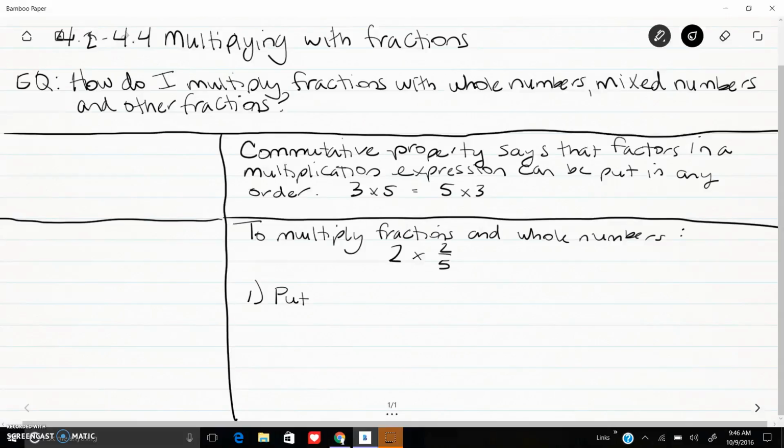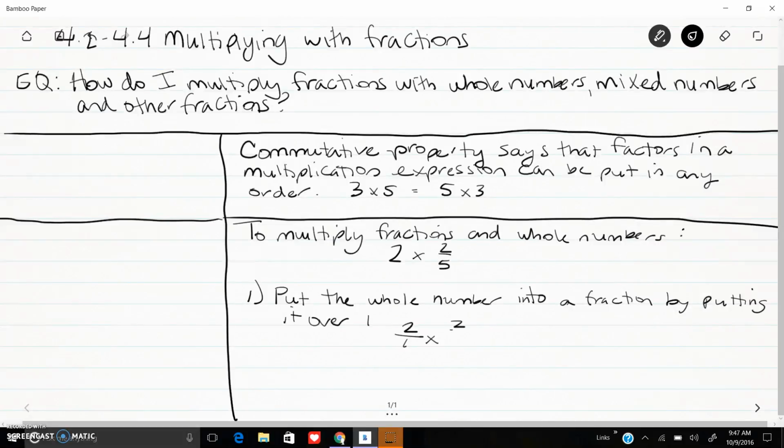So the first thing I'm going to do is put the whole number into a fraction by putting it over 1. So now I've got 2 over 1 times 2/5. Now I'm comparing apples to apples. So both are fractions. Then step 2, I'm just going to multiply across.